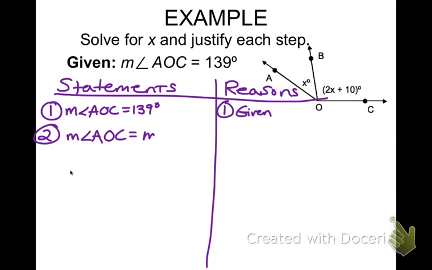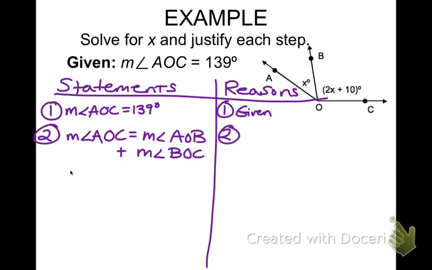So the measure of angle AOB plus the measure of angle BOC. So when we do our proofs, you must show what the actual addition is with the names of the angles. We can't just jump right to the equation right away.